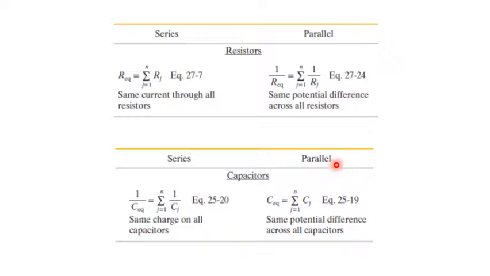And if we are talking about parallel capacitors, C equivalent would be the summation of the values of the capacitors Cj, and the potential difference across all the capacitors would be the same. So please take care with the difference between resistance and capacitance in the case of series and parallel. Okay.